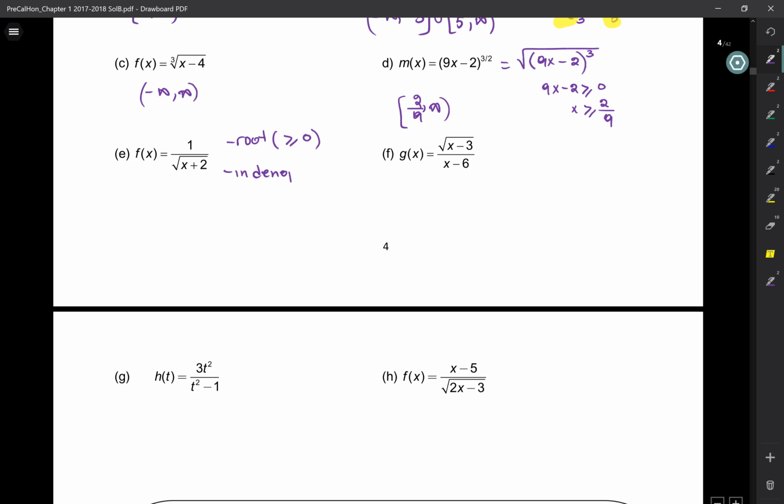Denominator means it cannot equal 0. So it has to be strictly greater than 0. So x plus 2 has to be greater than 0. x is greater than -2.